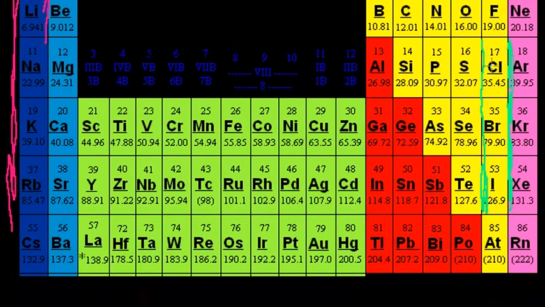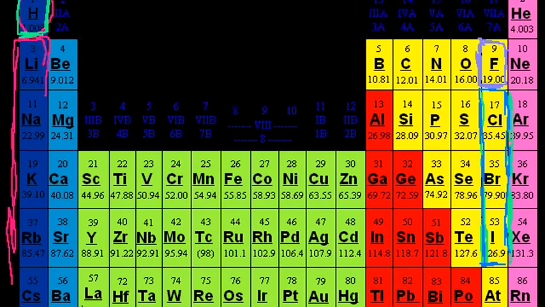Now, hydrochloric acid, hydrobromic acid, and hydroiodic acid, I think I'm saying it right, are all strong acids, which means they dissociate completely in water. But when hydrogen bonds with fluorine, it doesn't dissociate completely in water. And it turns out the reason why is that fluorine is even more electronegative.